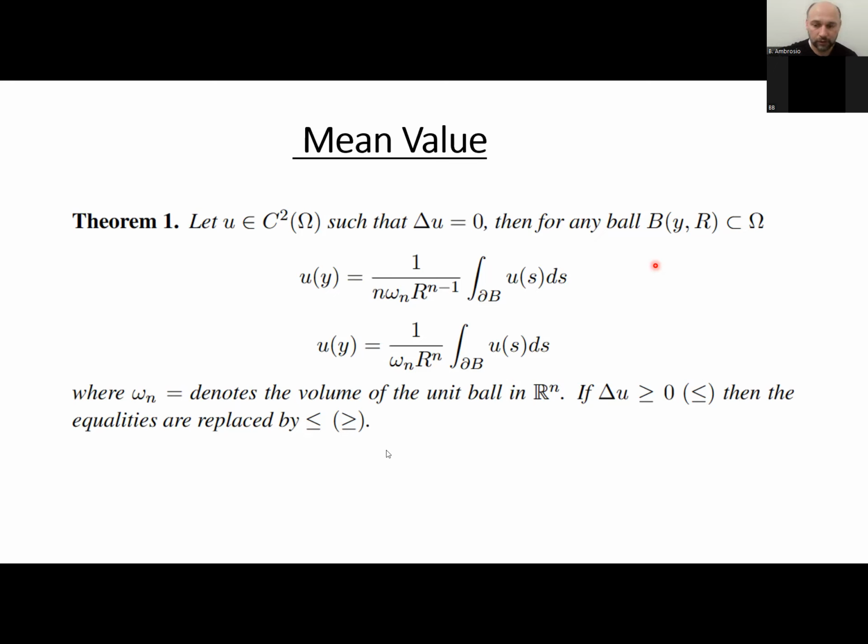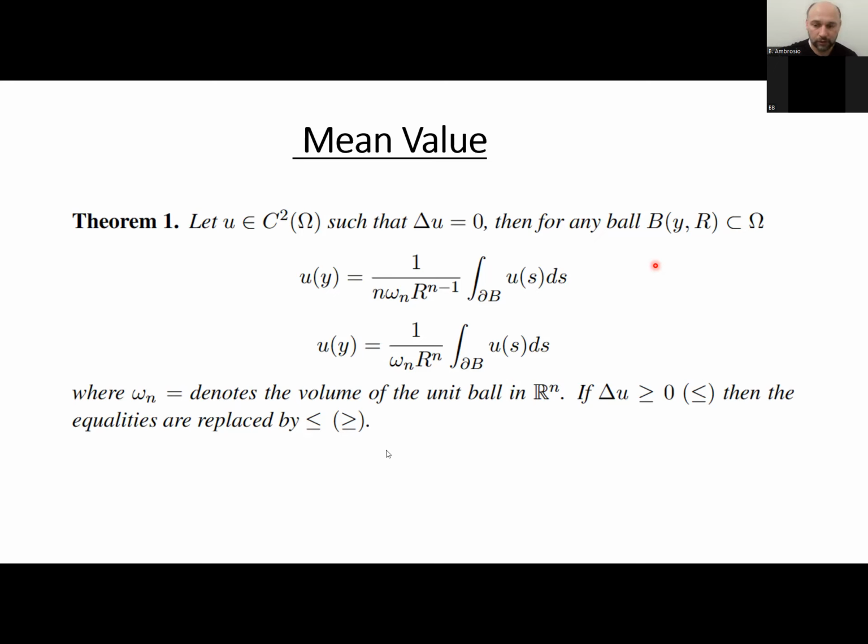So we assume that u is regular and the Laplacian of u is non-negative, which is called a subharmonic function. And we assume that there is a point y in omega such that u attains its supremum at y.